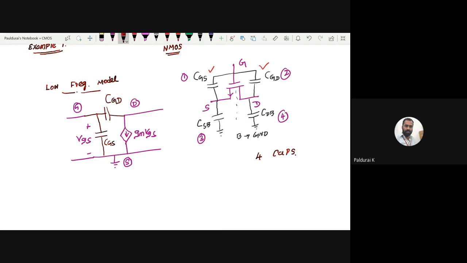Between gate to drain, CGD. Then between source to bulk, bulk is connected to ground. This is my source, so now connect this one to ground. This is your CSB, and this is your drain. Here we will measure the output.